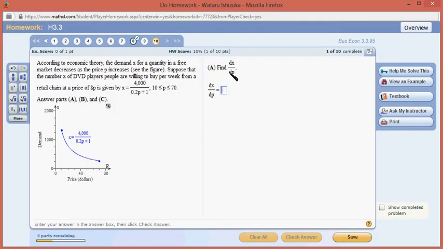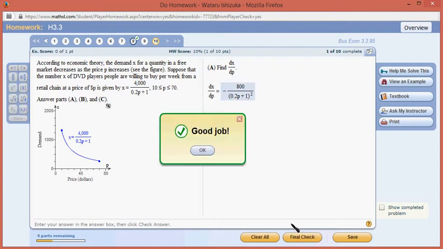Negative 800 divided by 0.2p plus 1 squared. Let's check the answer. We got that.